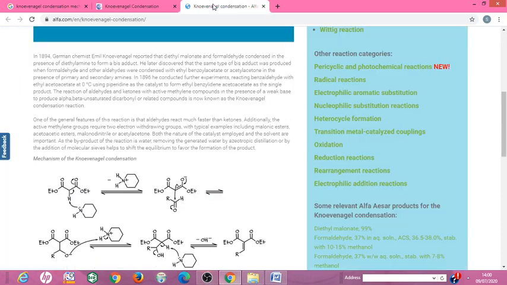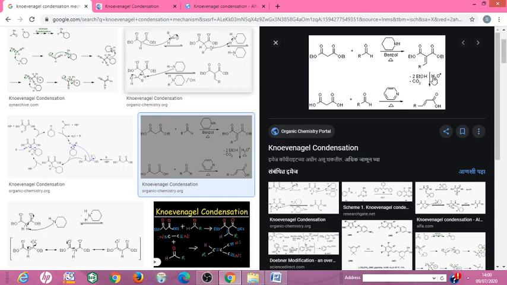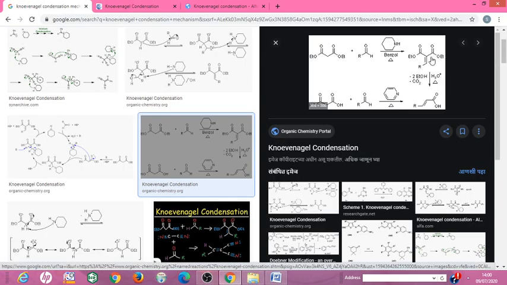The last step is the alpha beta unsaturated ester, which on acid hydrolysis converts both ester groups into acid, forming the alpha beta unsaturated acid, and which on heating undergoes decarboxylation, forming the alpha beta unsaturated acid.